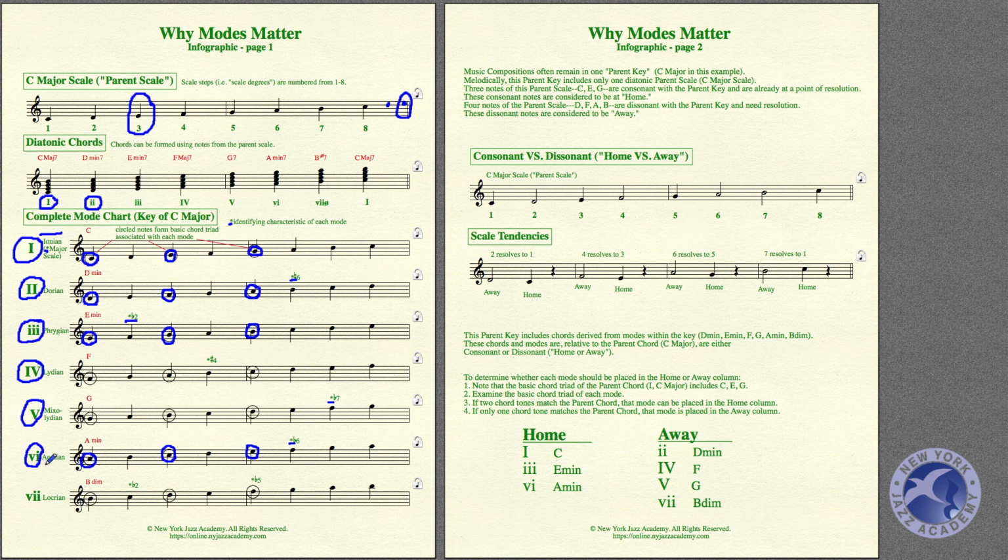It also reminds me of natural minor, because the natural minor scale is exactly the same as Aeolian. The flat 6, flat 7, and a flat 3.